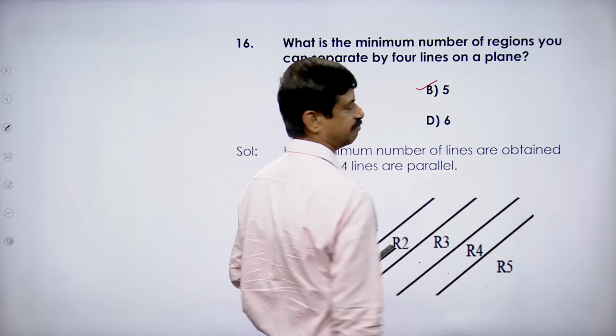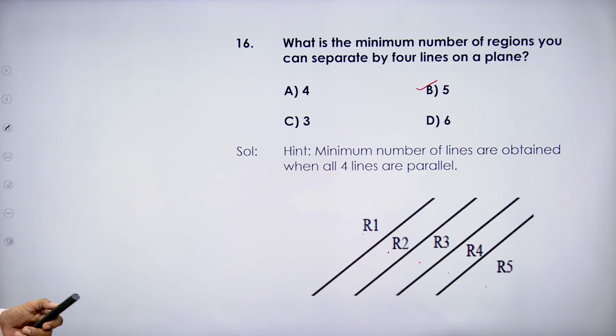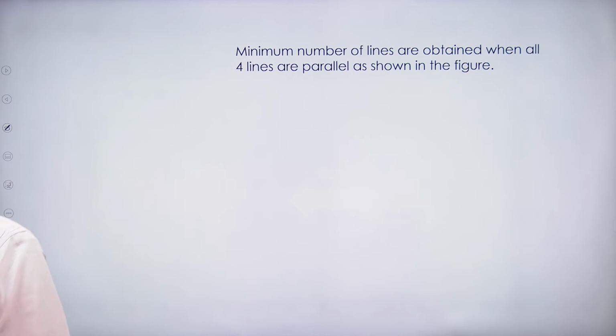It is 5 regions. Okay, please note it fast, quick. So this is only when they are parallel.